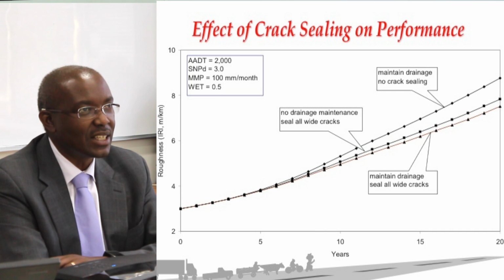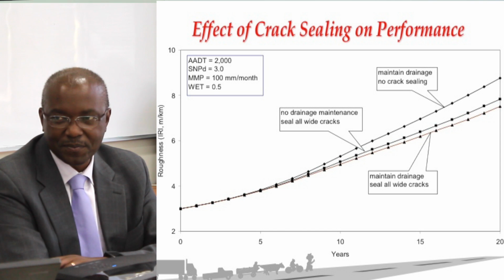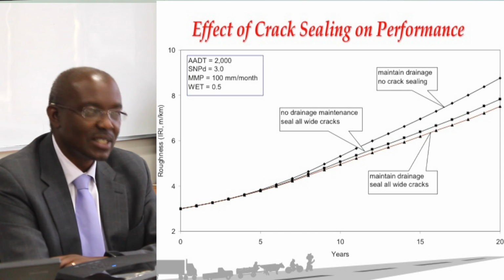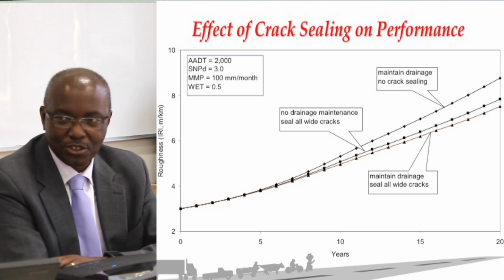So with high IRI, if you maintain your drainage, you seal your cracks, the road will deteriorate slower than if you don't do any maintenance. And if you don't do any crack sealing at all, then it's going to deteriorate faster and faster. That's basically what this graph is showing. But the equation that was used was the one I showed earlier.